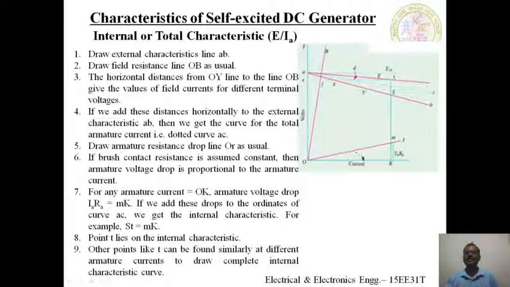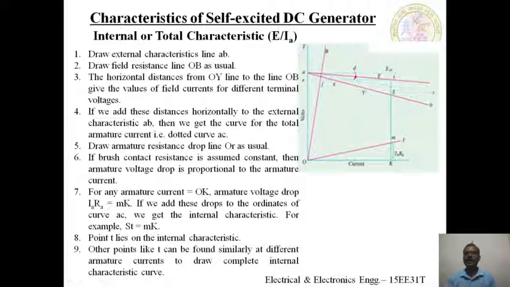If brush contact resistance is assumed constant, then armature voltage drop is proportional to the armature current. As armature current increases, the IARA drop increases. For any armature current, in this case OK, the armature voltage drop IARA is equal to MA.